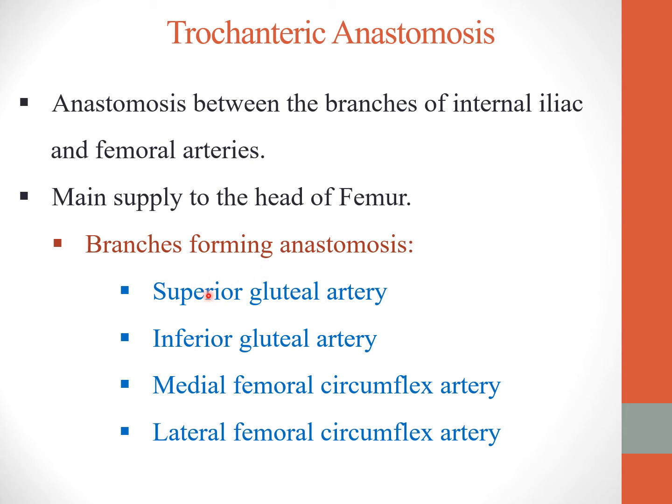The branches forming the anastomosis are the superior gluteal artery, inferior gluteal artery, and the medial and lateral femoral circumflex. The superior and inferior gluteal arteries come from the internal iliac, and the medial and lateral femoral circumflex come from the femoral artery. So this is the union between branches of the internal iliac and femoral.